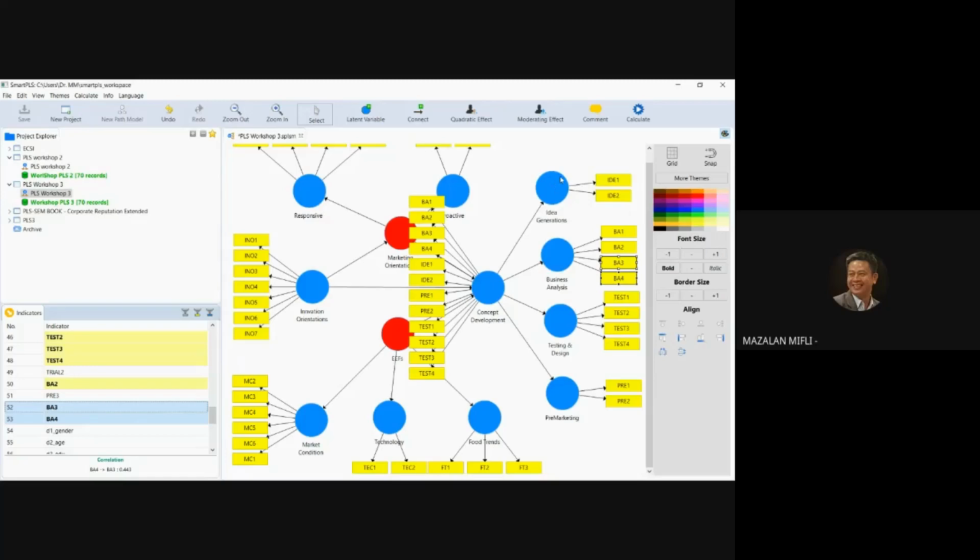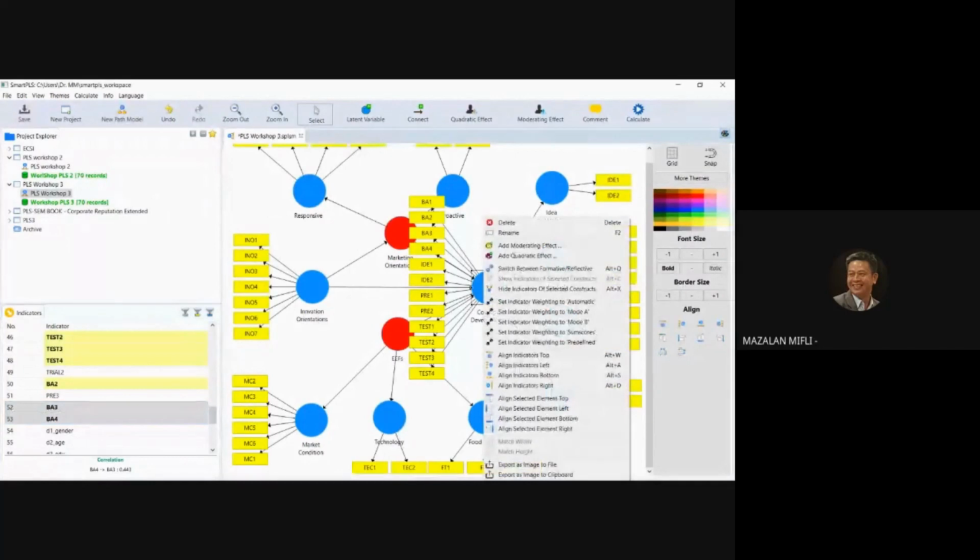All right. So all those indicators of their respective latent variables, we already inserted in the main one. Okay, this is the main construct, and this is the multiple dimensions of concept development.